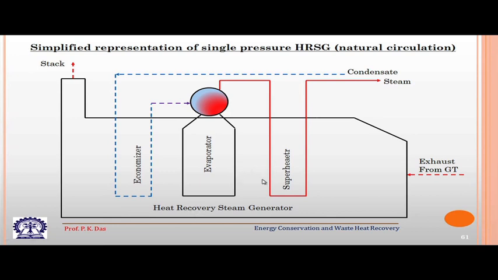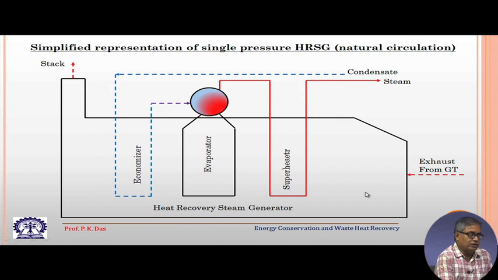So, you see, this shows schematically one single pressure HRSG. The arrangement here is horizontal, which is very common, and exhaust from the gas turbine, which is high temperature gas, is coming to the HRSG, and as it passes through this, due to heat exchange, the temperature of the gas reduces.